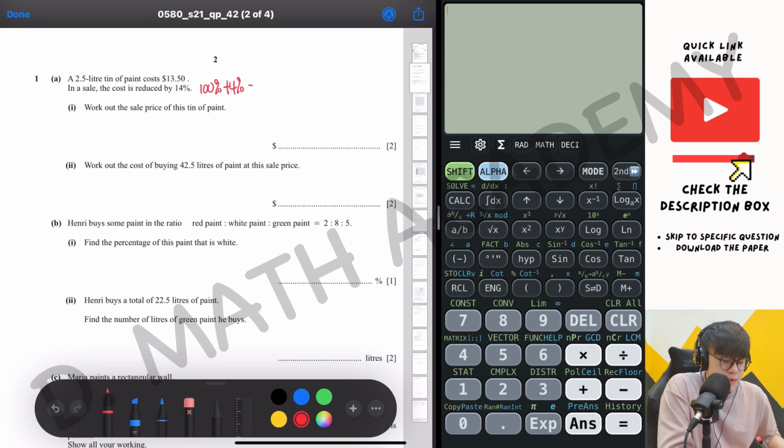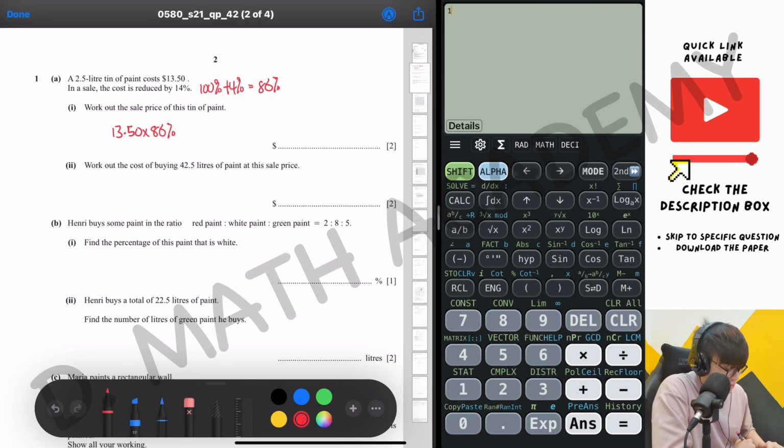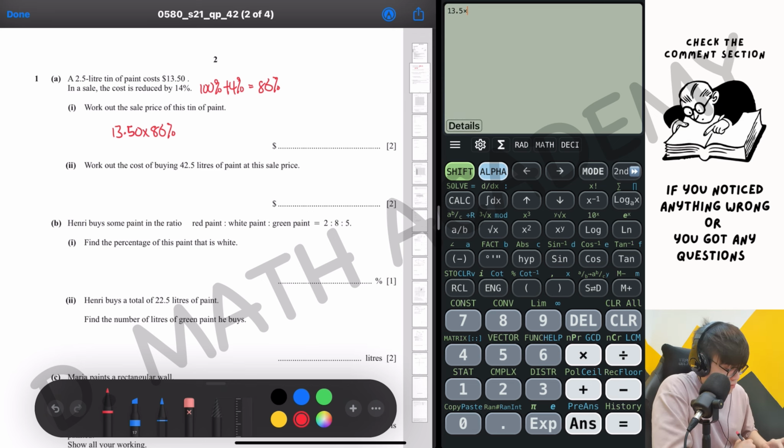So it's approximately 86%. Take the $13.50 that you have, multiply with 86%, then you will get your final price here. So it's approximately 11.61.